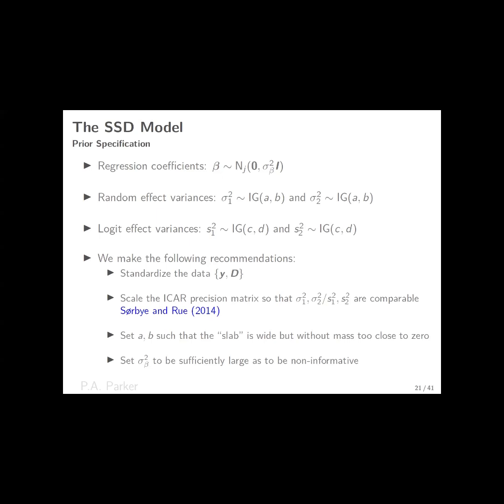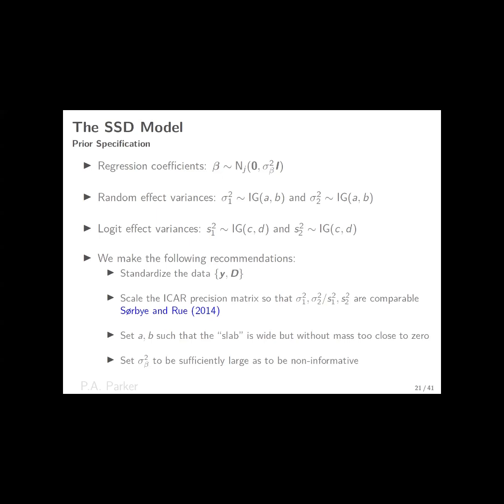And then we make some recommendations as well. So we recommend standardizing the data Y and the corresponding variances D, similar to what you might do in any other variable selection problem. We recommend scaling the ICAR precision matrix with the method in Sorbye and Rue so that the random effects variances are comparable.